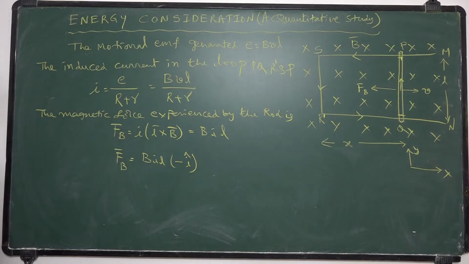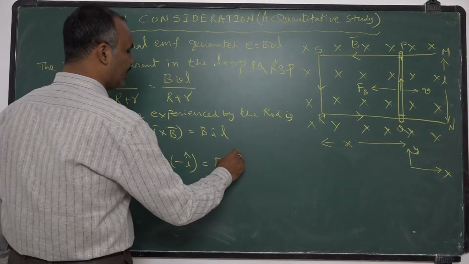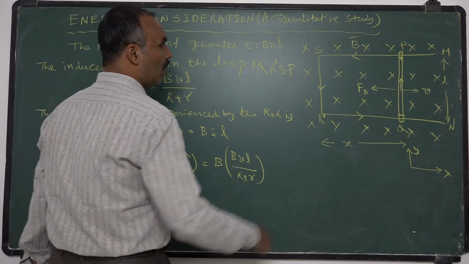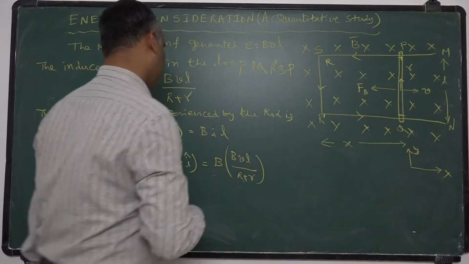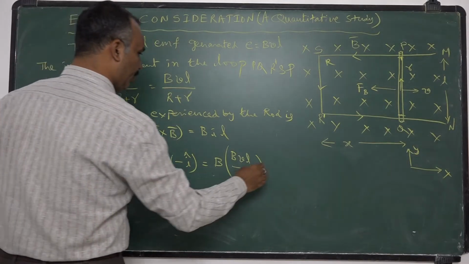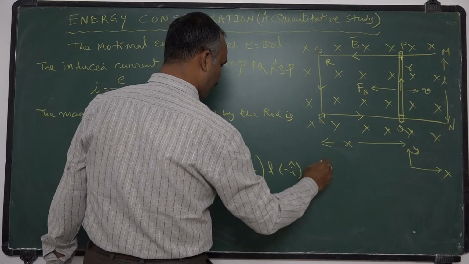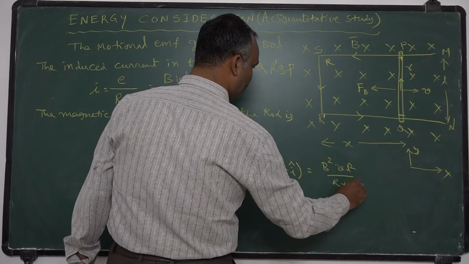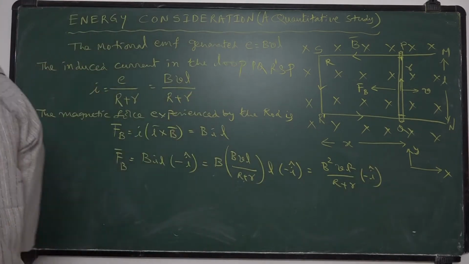Minus i cap means it is along the negative x-axis direction. Already B into the strength of the current, we calculated it as BVL by R plus r. Small r is the resistance of the rod, capital R is the resistance of the loop, into L, minus i cap. B squared V L squared by capital R plus small r into minus i cap is the magnetic force experienced by the rod.